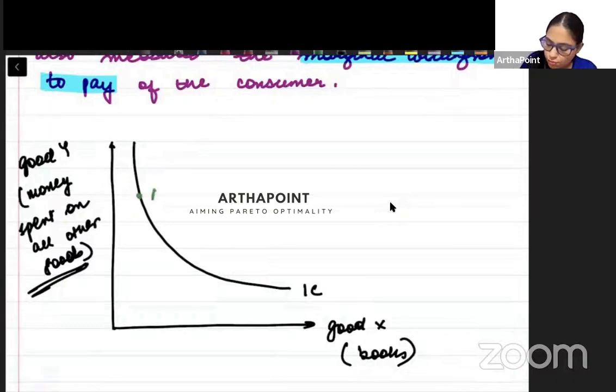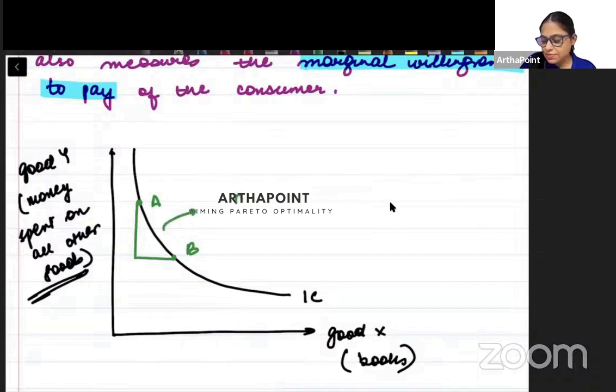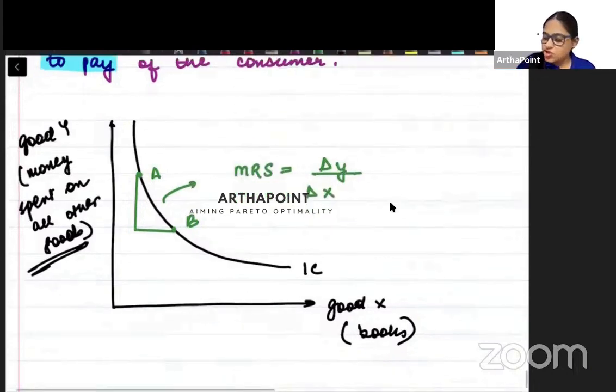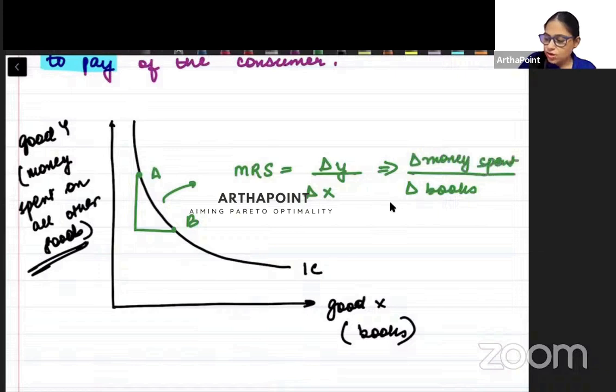When I go from point A to point B, what is the slope? What is MRS telling me? Change in good y upon change in good x. What is change in good x? Change in the number of books. What is change in good y? The change in the amount of money spent. तो अब ये क्या हो गया?